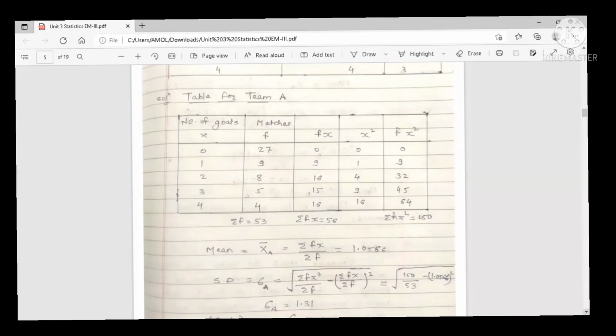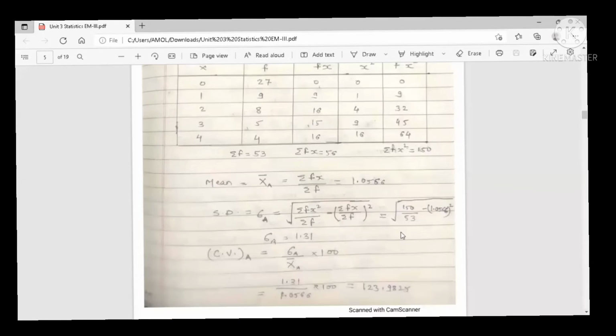Now the standard deviation for team A. The formula for standard deviation, sigma suffix a for team A, is equal to the square root of summation fx square upon summation f, minus the square of summation fx upon summation f. Summation fx square is 150, and summation f is 53.